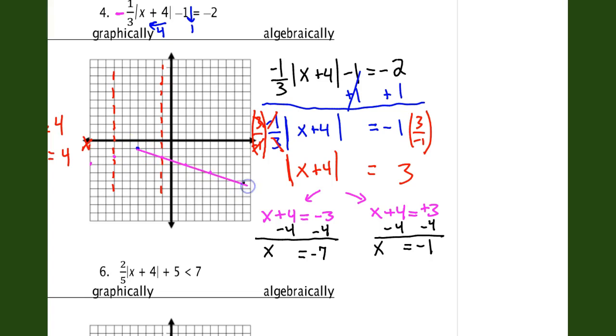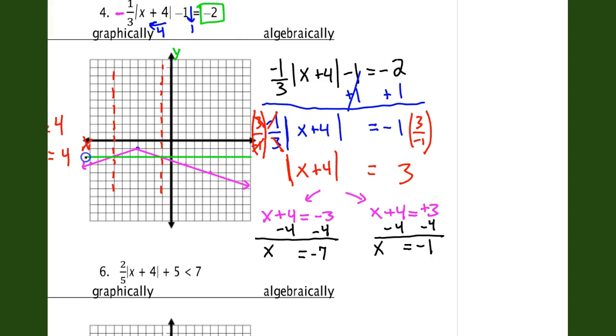So here's my absolute value graph right there. Okay. Lastly, let's look at y equals -2. So the y-axis is right here. Go down to -2, and that'd be straight across at -2.